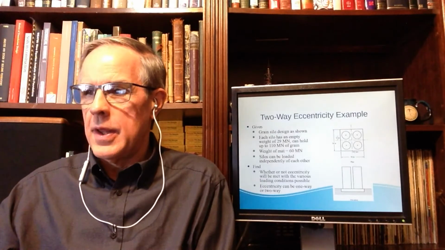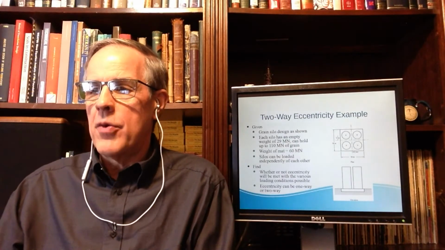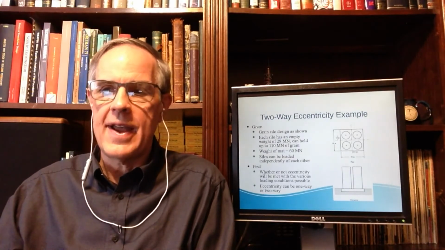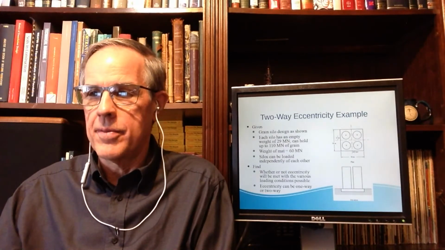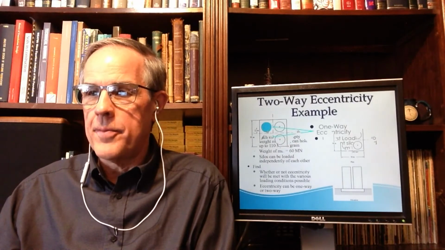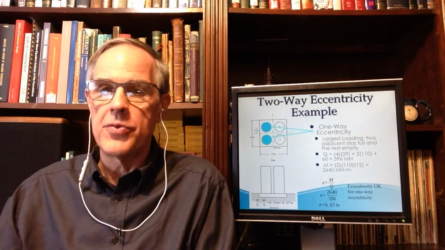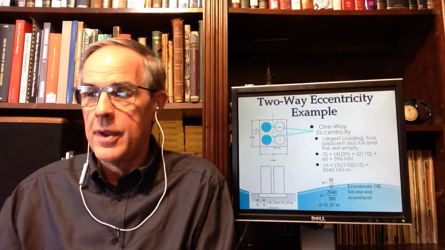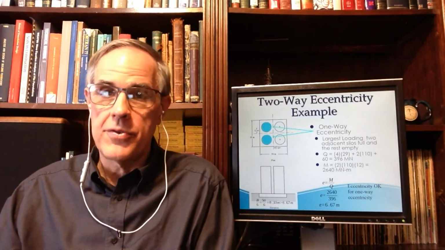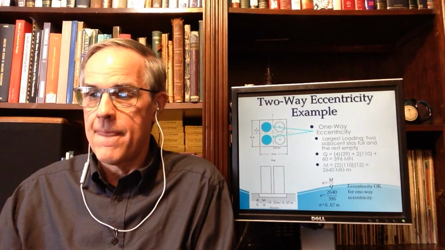So let's talk about the two-way eccentricity example. First we're going to talk about one-way. If we load these things on one side, we're going to have one-way eccentricity. So Q is equal to 4 times 29, that's always there, and 2 times 110, since 2 silos are loaded, plus 60, the mat, which is 396 meganewtons.